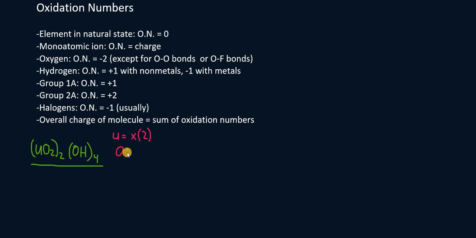So we know oxygen in this case is going to be -2, but how many of them do I have? So I have 4 of them here, and I have 4 of them here. So 2 times 2 is 4 right here, and then oxygen right here times 4, so that's a total of 8.